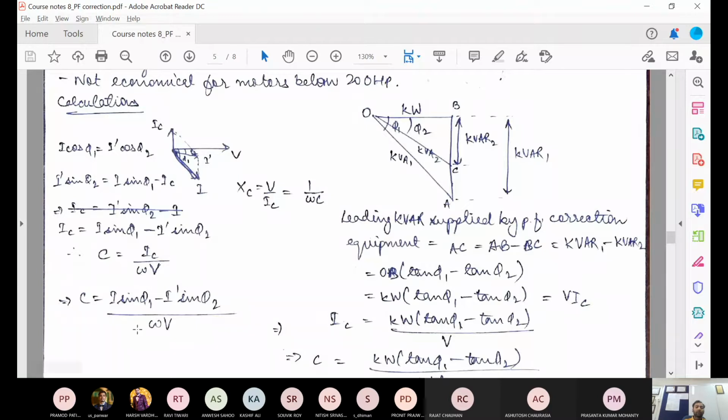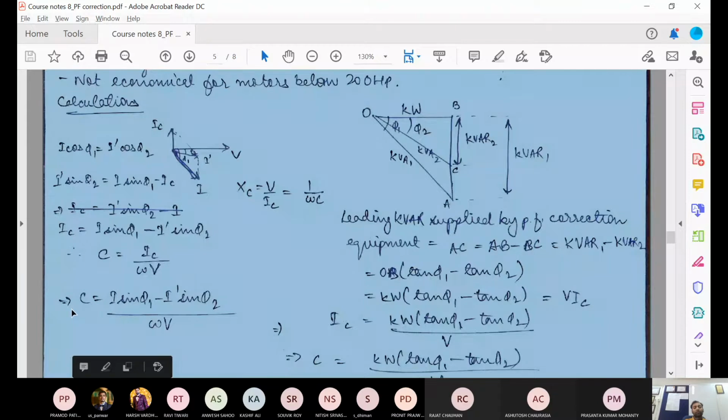Capacitance is equal to IC by omega V, and then you substitute the value of IC here and you get the value of capacitance which would be needed for bringing this change of power factor from power factor angle phi 1 to phi 2.